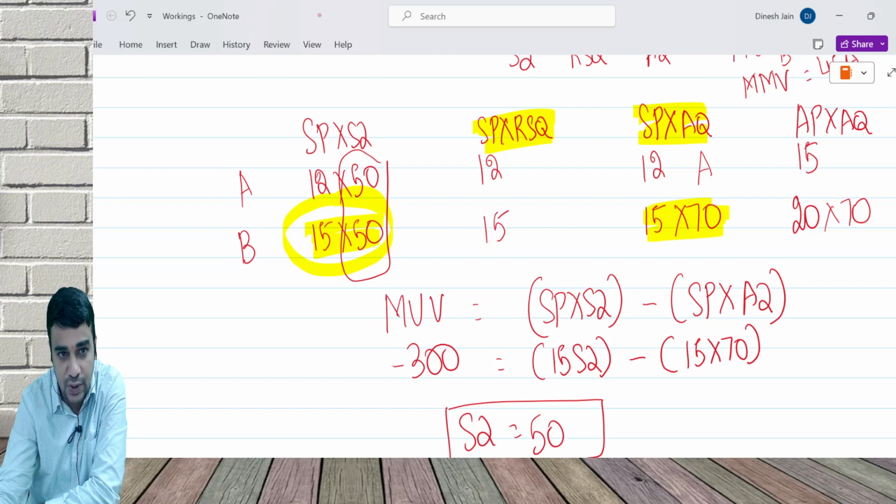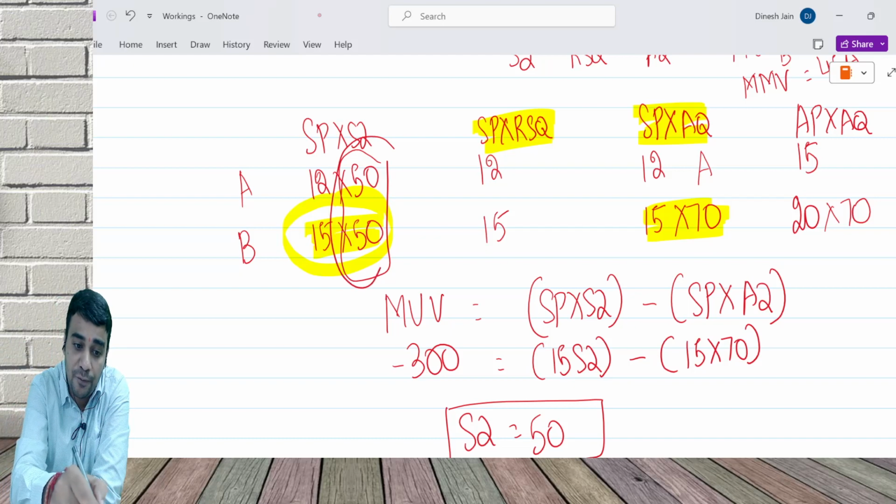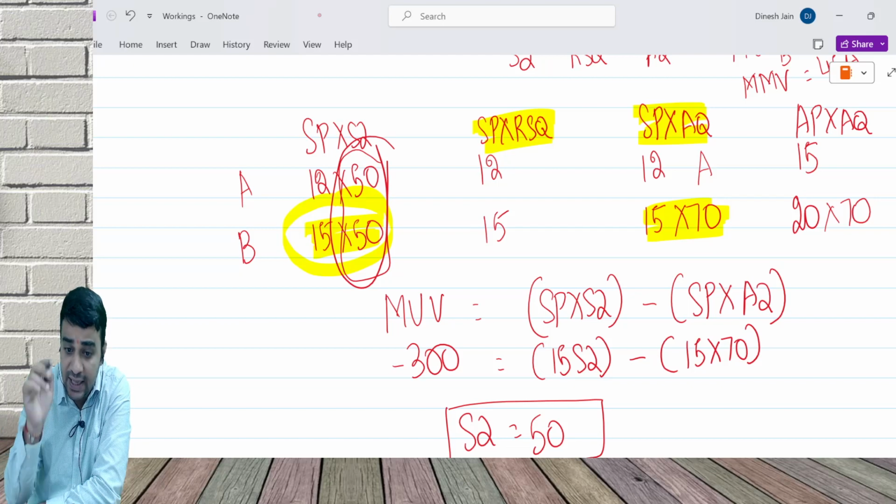RSQ is the total of AQ split in the ratio of 1 is to 1, which is technically A plus 70 by 2.